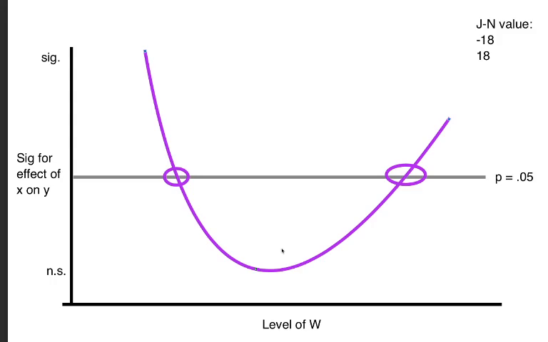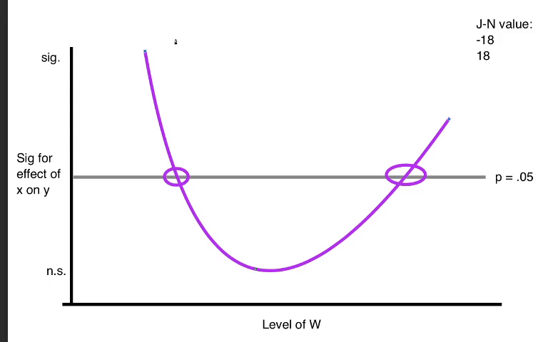And at high population densities, above 18 above the mean, attractiveness also leads to more souls harvested, but there's no relationship between attractiveness and souls harvested at moderate levels of population density. So that's one of the ways it could look.